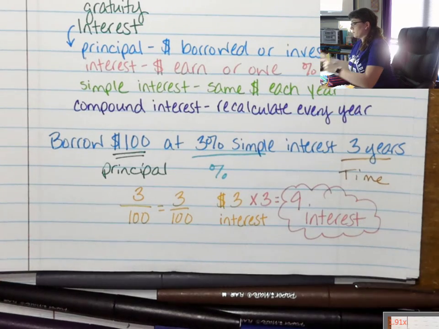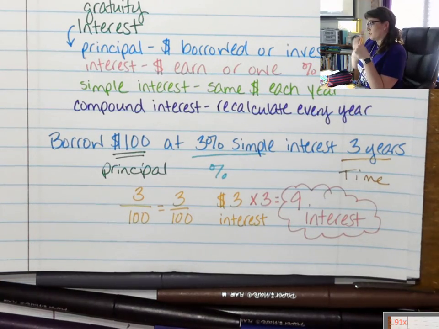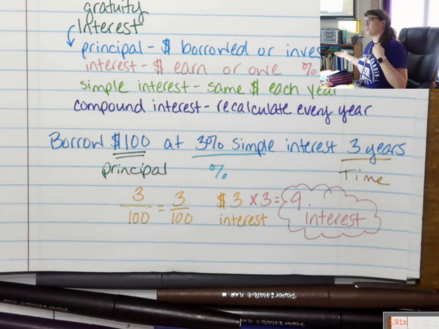Okay? That's the interest. Here's where it gets a little tricky because you have to read carefully. If they ask you for the interest, what is your answer? 9. If they ask you for the total in the account after 3 years, your answer is not 9.